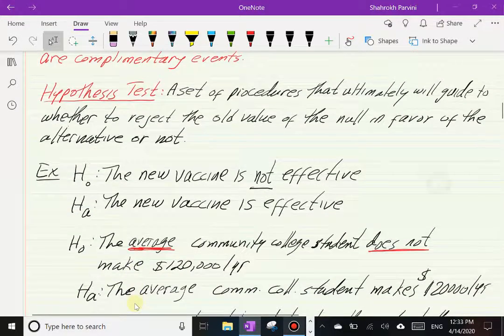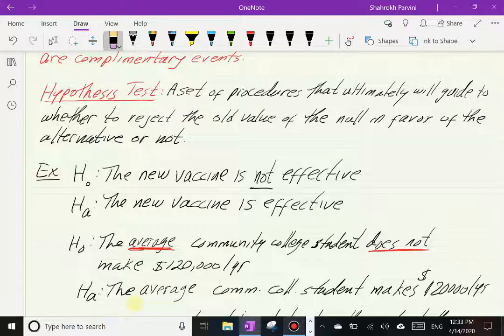Here's another one, the one that was ridiculous in nature. I made a hypothesis that the average community college student makes $120,000 a year. So the null would be that they don't make $120,000 a year. Actually, because there's some flexibility built into this, let's say I am the null now. I'm going to erase this part.